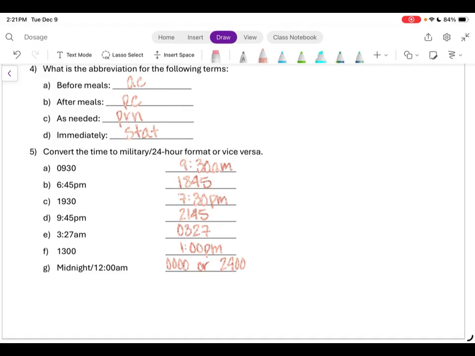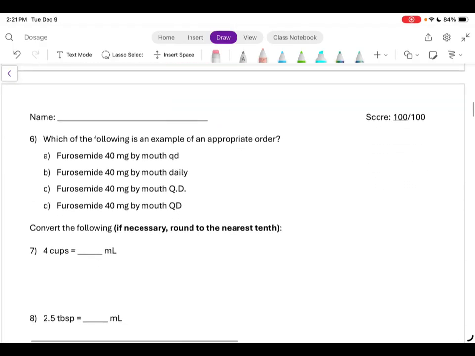All right. Let's go ahead and keep going. So which of the following is an example of an appropriate order? So what I'm looking for here is B, right? Because technically, per the book, any variation of QD is not, I guess, an appropriate abbreviation.